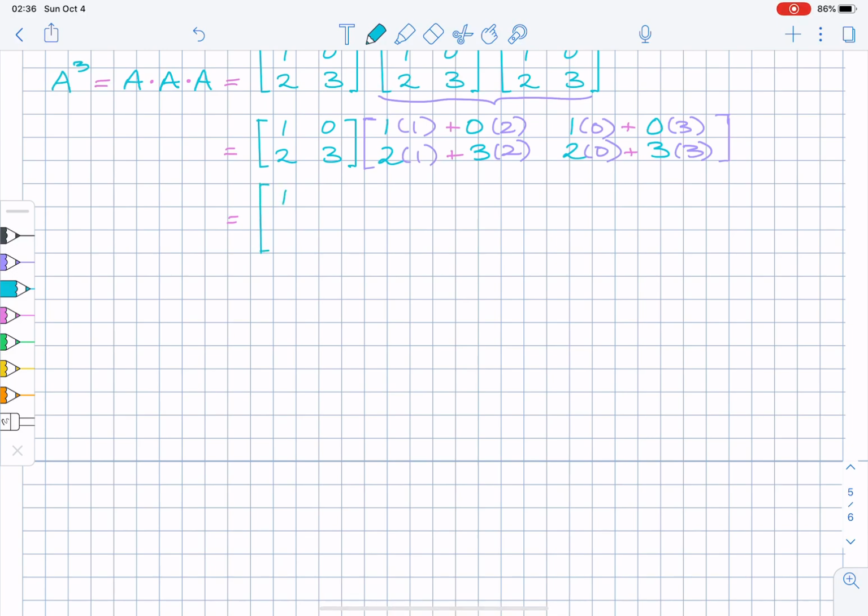So we get A times the result of the product of A with itself, which is: 1 plus 0 is 1, 2 plus 6 is 8, 0 plus 0 is 0, and 0 plus 9 is 9. Okay, fine.